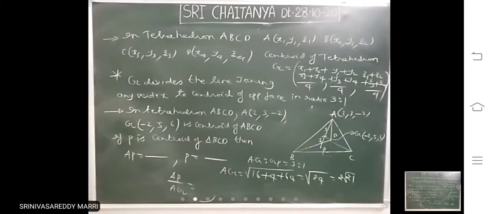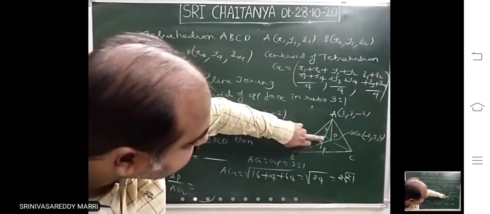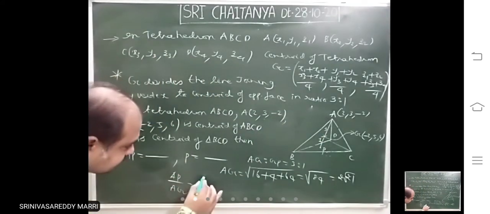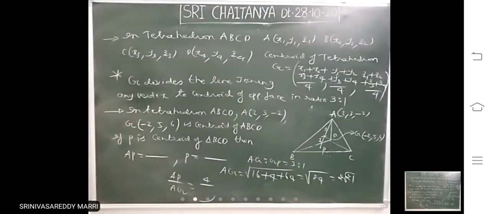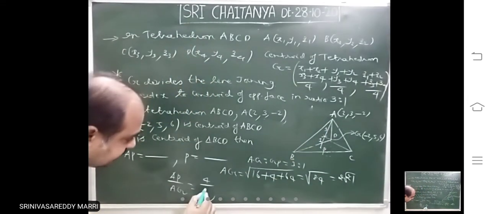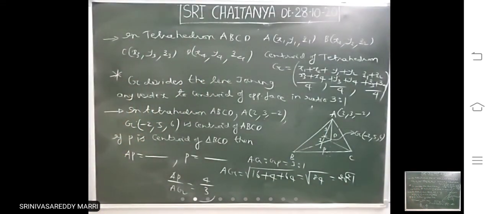Now if you look at AP, I want to calculate AP by AG ratio. AP is 3 plus 1, 4 parts, divided by AG is 3 parts.